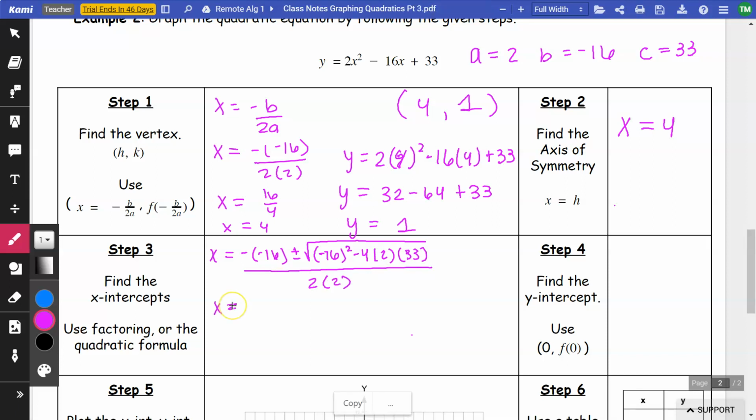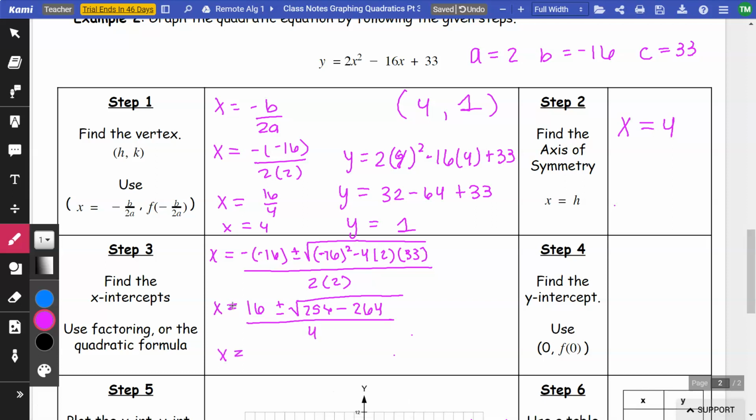So x is equal to, the negative of negative 16 is 16, plus or minus the square root of, what is 16 times 16? 256 minus 4 times 2 times 33. So 4 times 2 times 33 is 264, all over 2 times 2, which is 4.